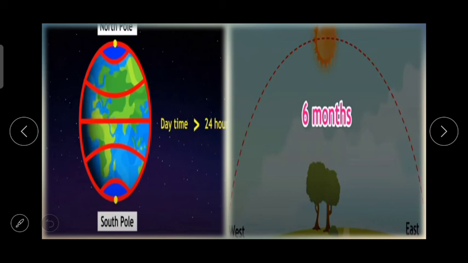At the poles, the daytime lasts around 6 months, and to tell the time of sunrise or sunset at the poles, one has to consider the date.